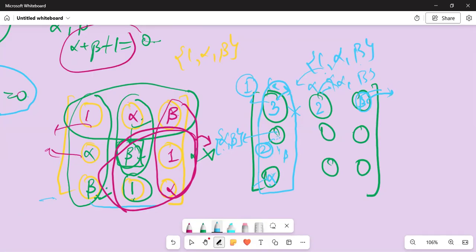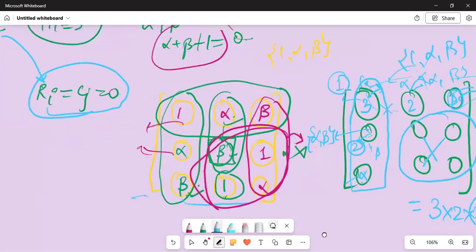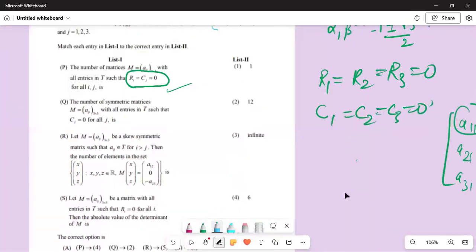So that means you could choose this also. But as I have already shown you, these entries are decided by your previous choices. So in total you had only 3 into 2 into 2, 12 choices. So the answer for the P part is 12.